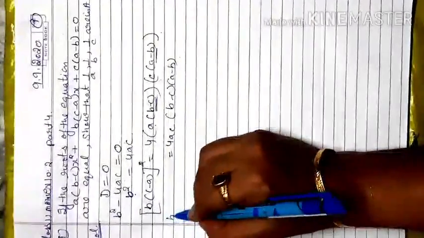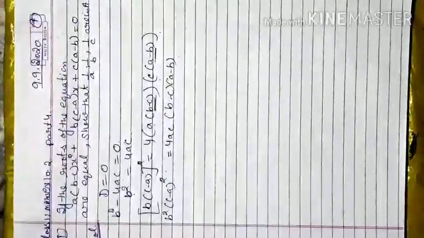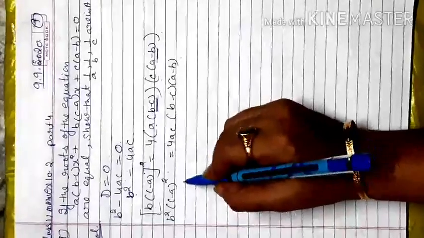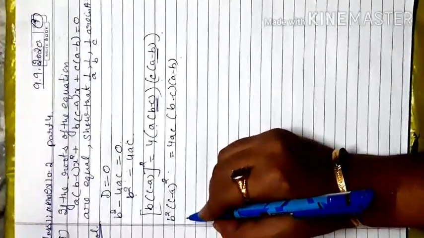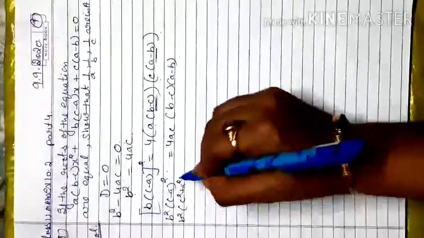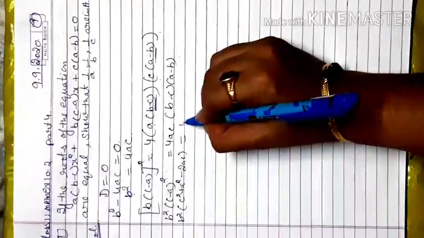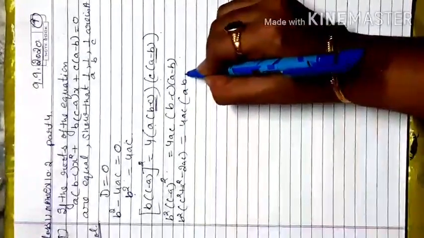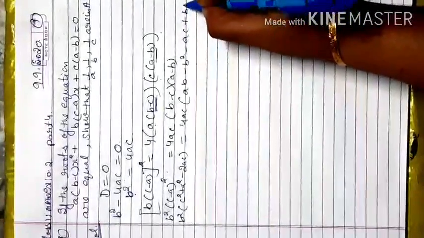So this becomes (c minus a) whole square, and then you apply the (a minus b) whole square formula here. So that will be c square plus a square minus 2ac is equal to 4 times, and when you open this, that gives you ab minus b square minus ac plus bc.